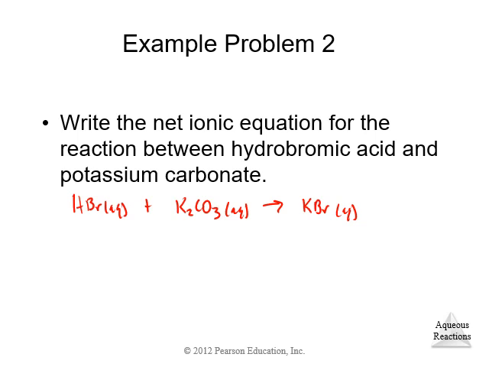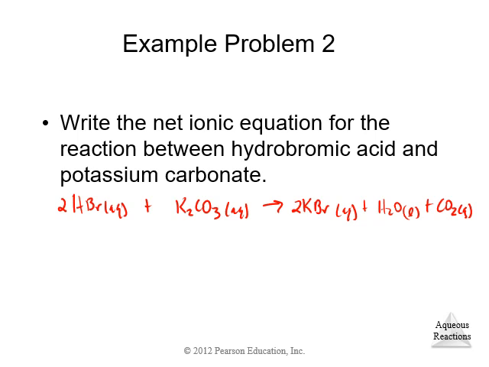However, this is a special characteristic reaction where the carbonic acid will immediately break down into water and carbon dioxide gas. So for the balancing, I would have 2 for the HBr and 2 for the KBr.